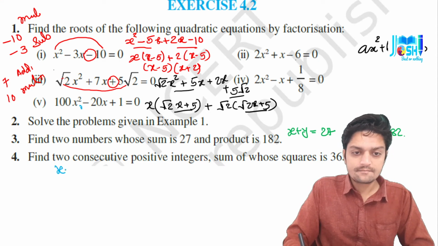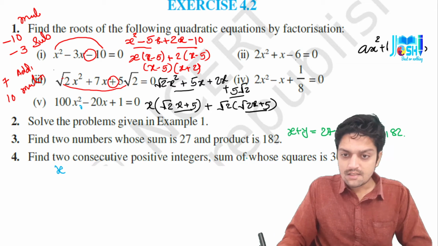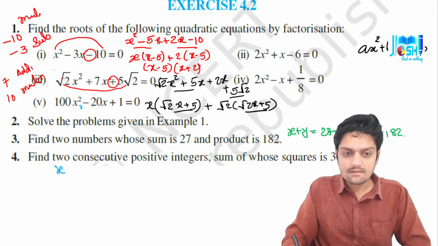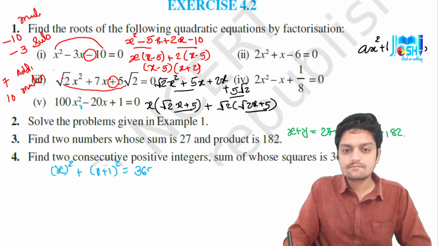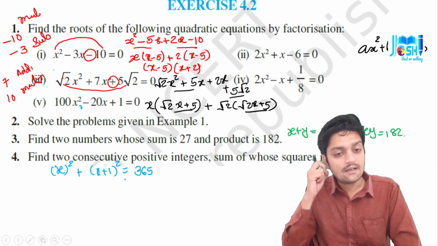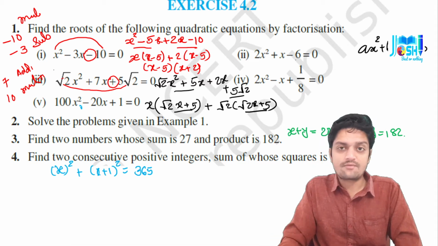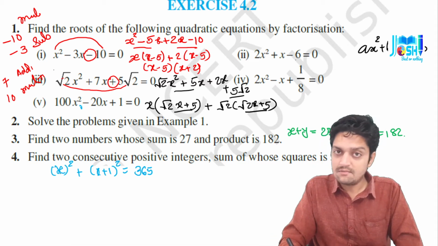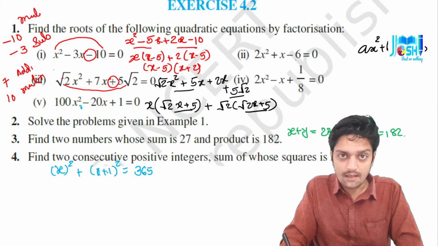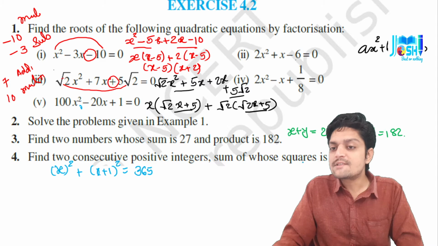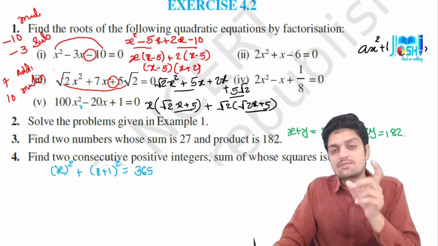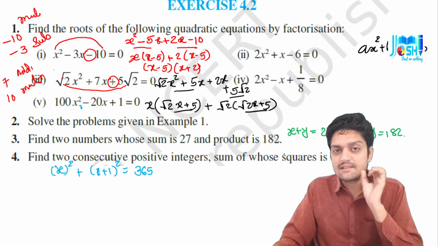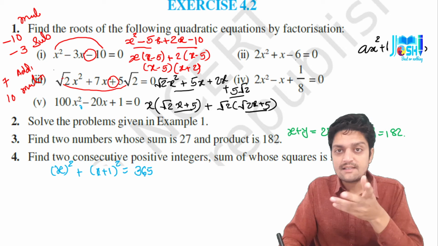Sum of whose squares is 365, so x square plus x plus 1 whole square is equal to 365. Why? Because the first number we have assumed is x, so its consecutive is x plus 1, and sum of whose squares means first we have to do the square of each, and then you have to add both squares. So x square plus x plus 1 whole square is equal to 365.